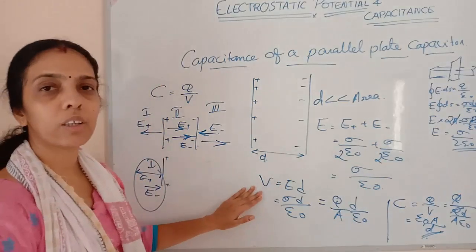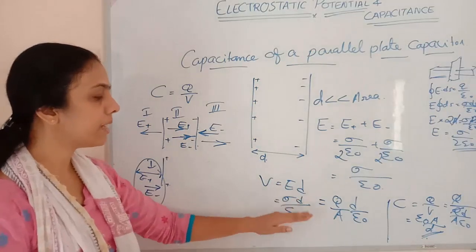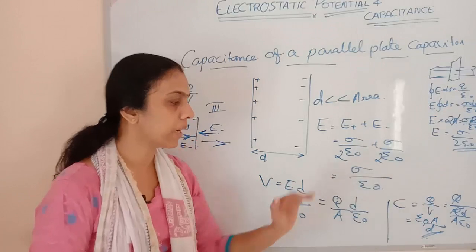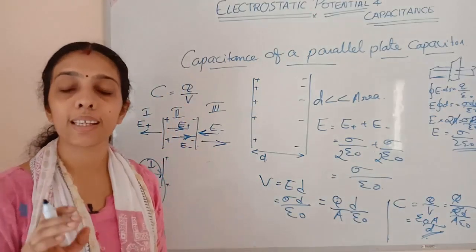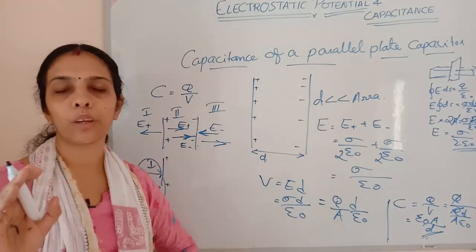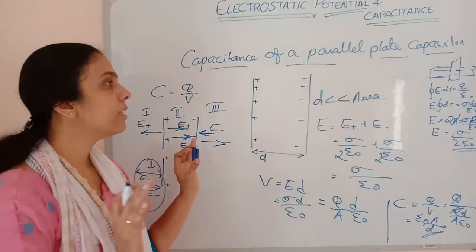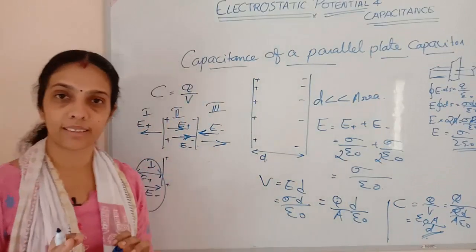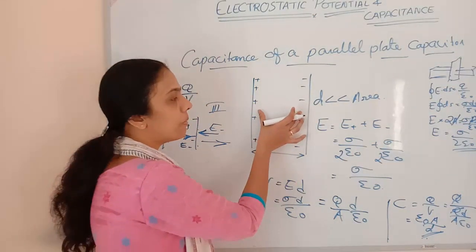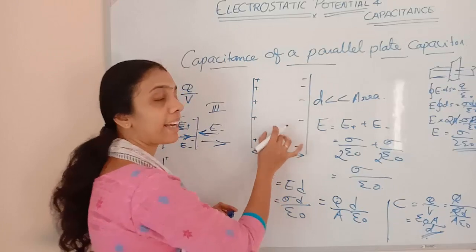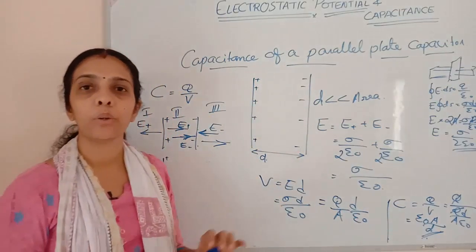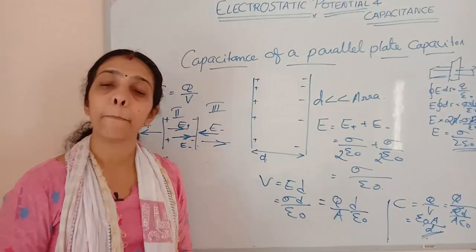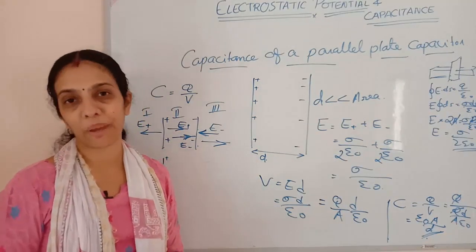Then we find the potential, E into D, that is sigma D by epsilon 0, and so C is equal to Q by V. We get the answer as C equals epsilon 0 A by D. Clear? So this is the capacitance of a parallel plate capacitor when it is filled with vacuum. Vacuum is inside, so it is epsilon 0, the permittivity of free space.